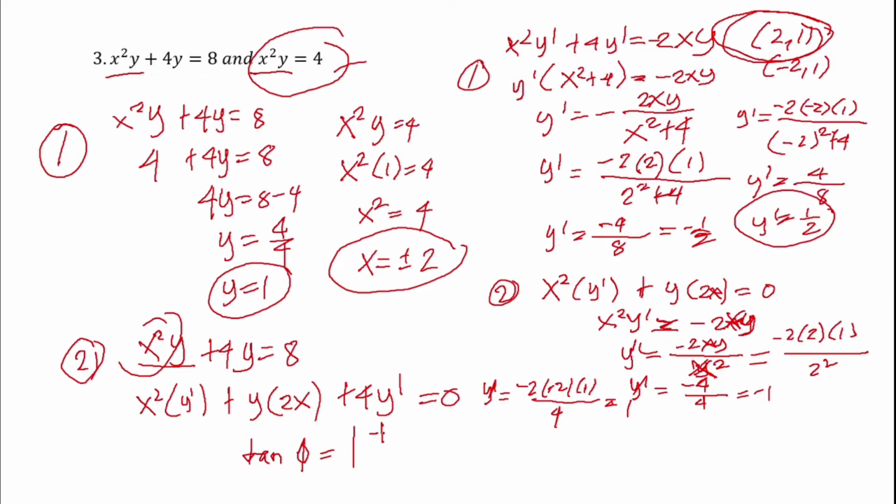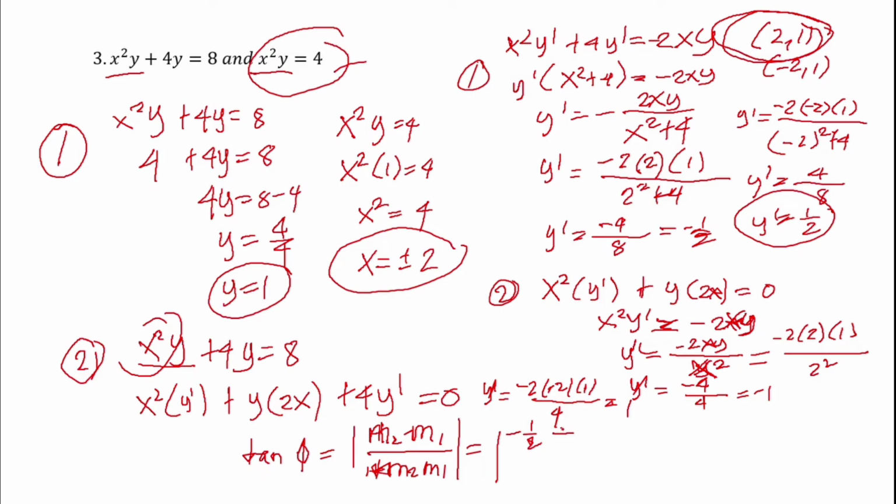The formula is m2 minus m1 over 1 plus m2 m1. If we're going to substitute, we can have the absolute value of negative 1 half minus negative 1, so therefore plus 1.